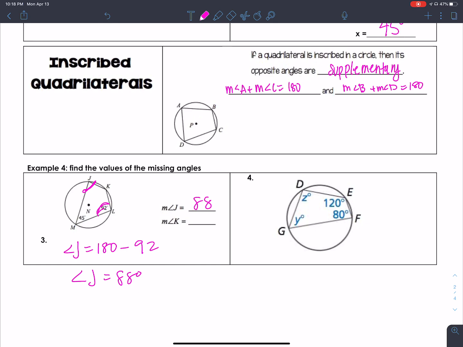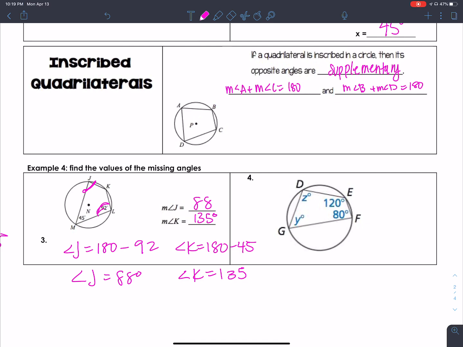Then I want angle K. So angle K equals 180 minus 45, which equals 135. So it's 135. Okay.